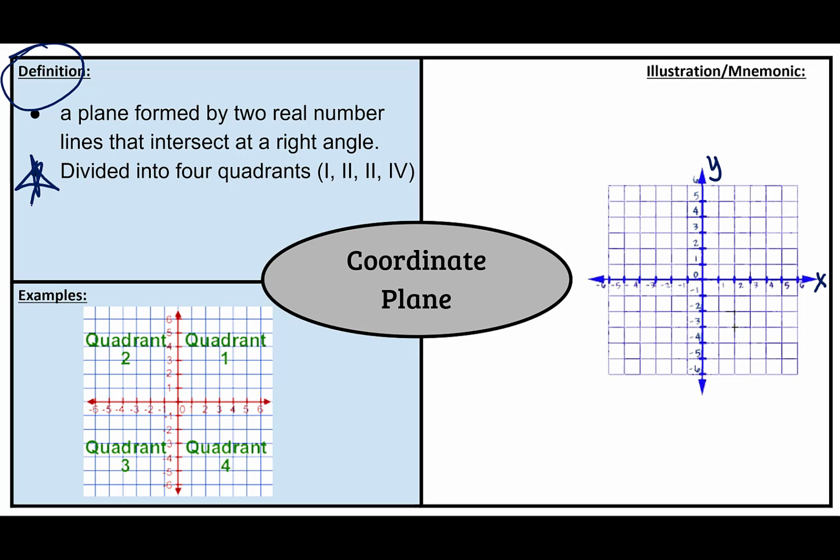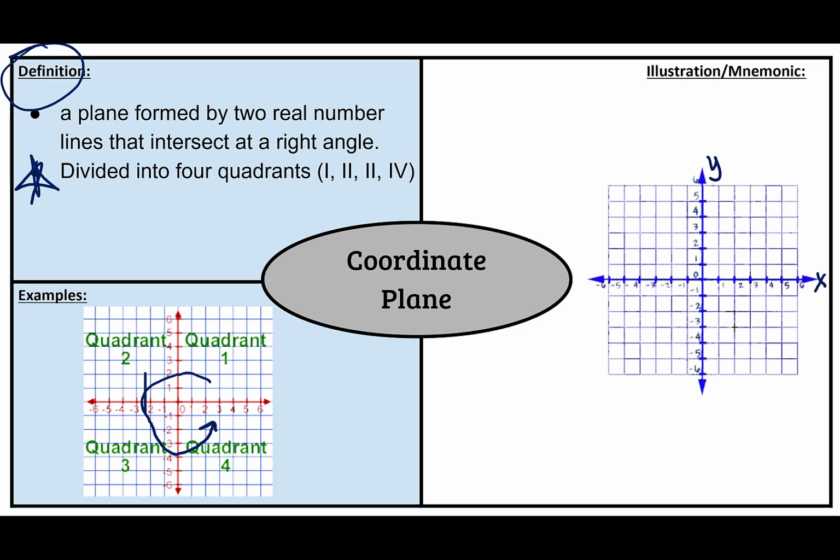So in order to label them, we start off with quadrant 1, 2, 3, and 4. So when we label those quadrants, we have to think opposite, or counterclockwise.